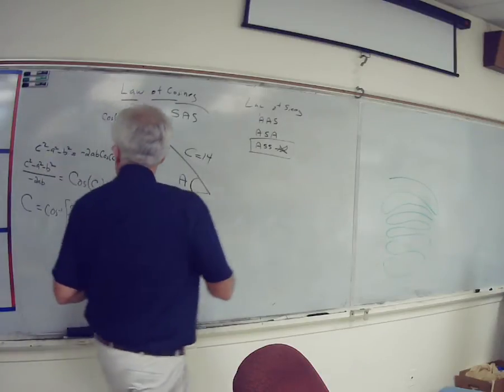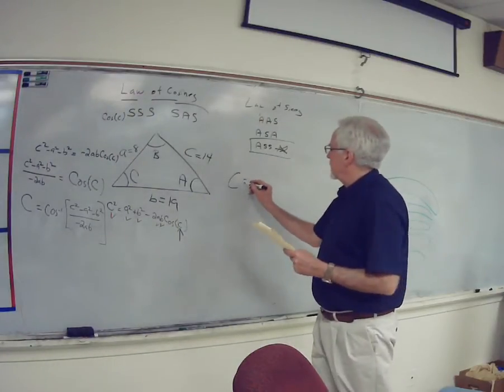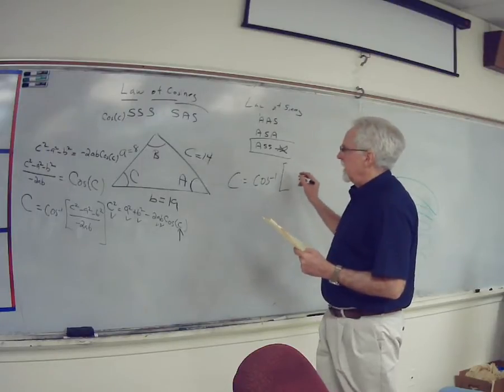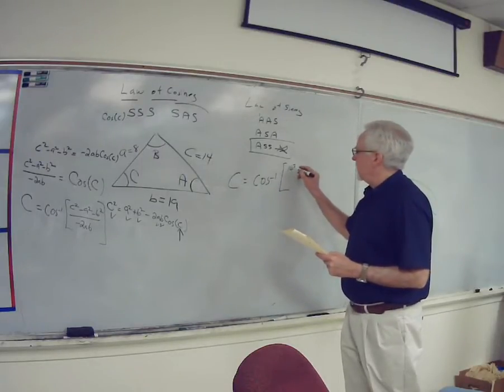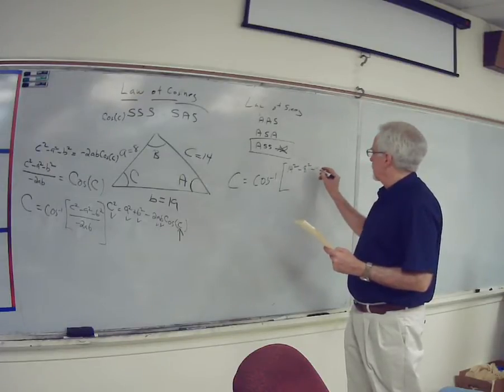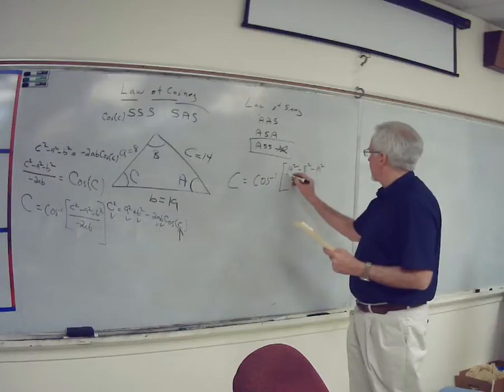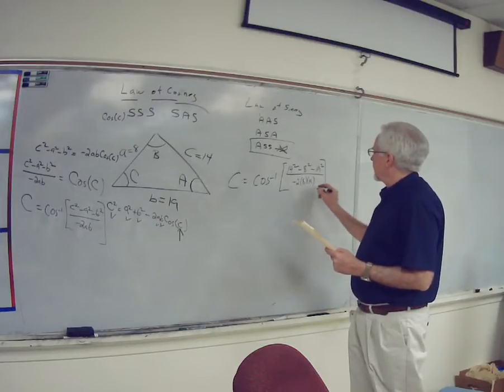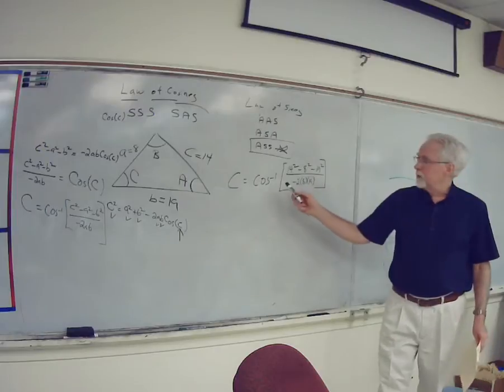And now we are going to plug in the numbers. So C is equal to cosine inverse of 14 squared minus 8 squared minus 19 squared over negative 2 times 8 times 19. Now use your parentheses.